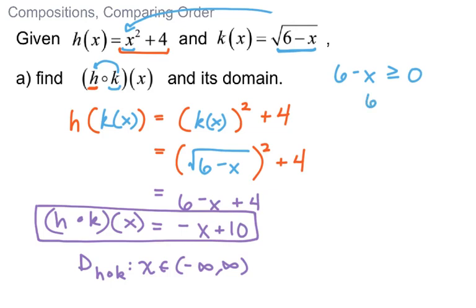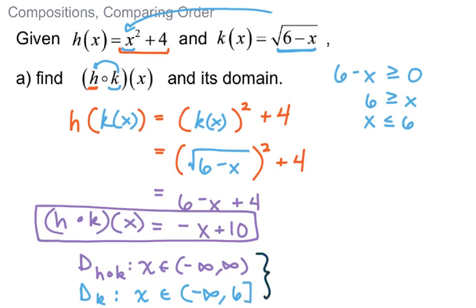Simplifying that gives me that 6 is greater than or equal to x, or rather x is less than or equal to 6. So the domain of my interior function, k, is that x is in the set less than or equal to 6, which means negative infinity to 6.